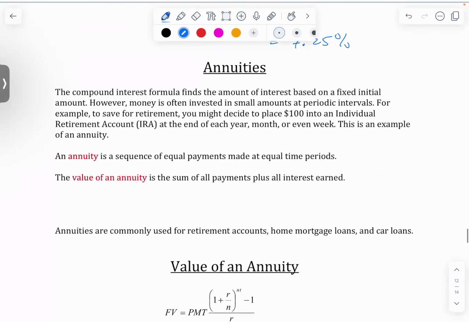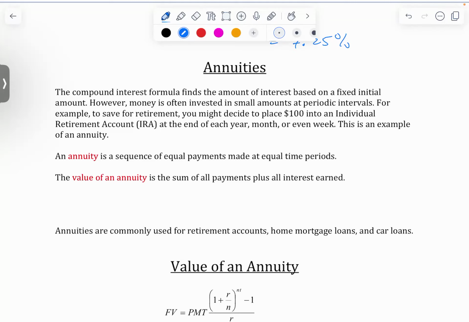One last big concept here: annuities. Because what we've basically dealt with up till now is fixed value interest. You have a particular lump sum and then you invest it and see how much you have at the end of that time period. Well, that's not very realistic.